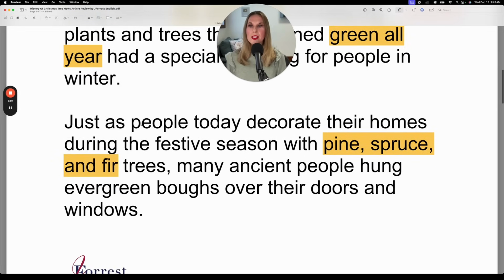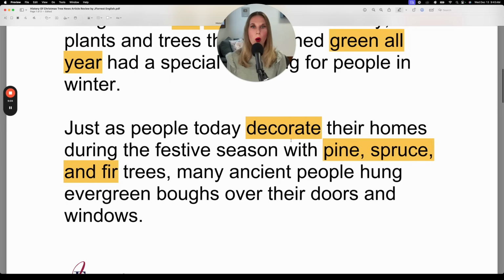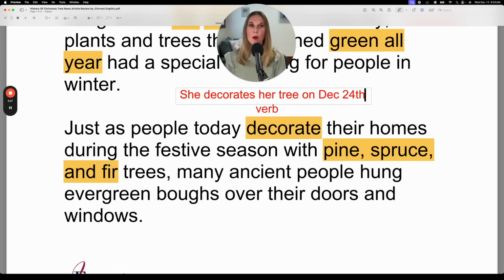All right, notice here, just as people today decorate. Is this a noun or a verb? This is a verb because they're doing the action. It's an action, so it's a verb. People decorate. Now, because it's a verb, you could say she decorates, because in the present simple, you need to add that S. She decorates her tree on December 24th, which is Christmas Eve.